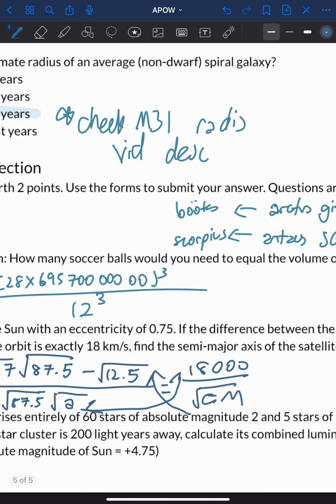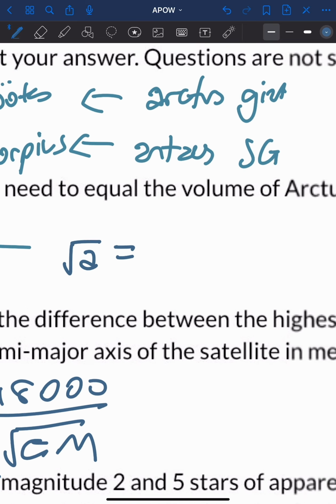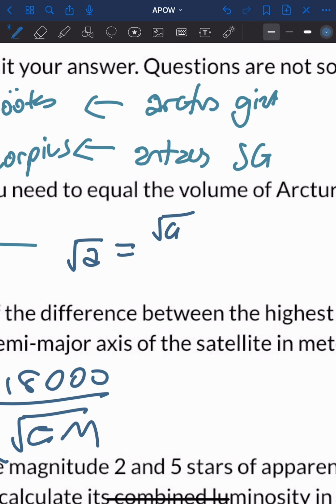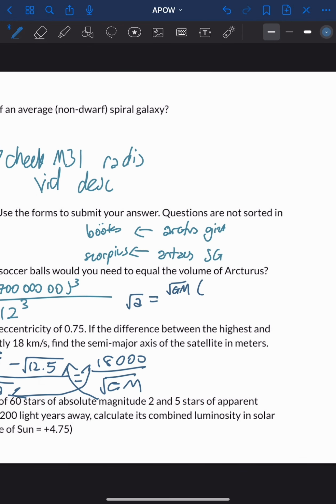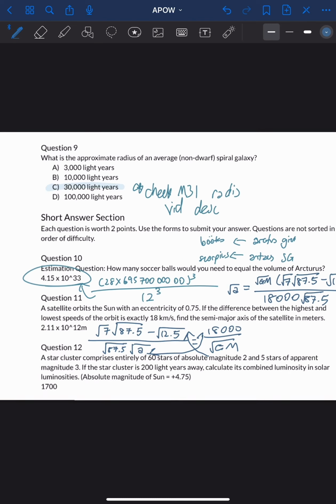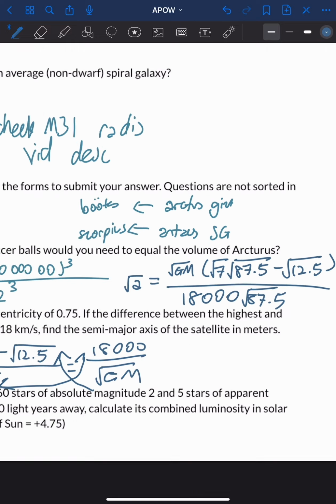So what we basically get is that square root A is going to be equivalent to all this over and also square root 87.5, I believe. Yes, should be correct.